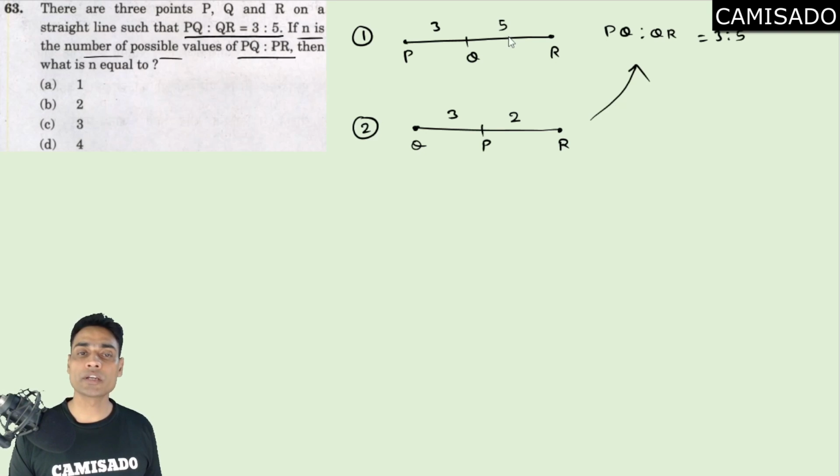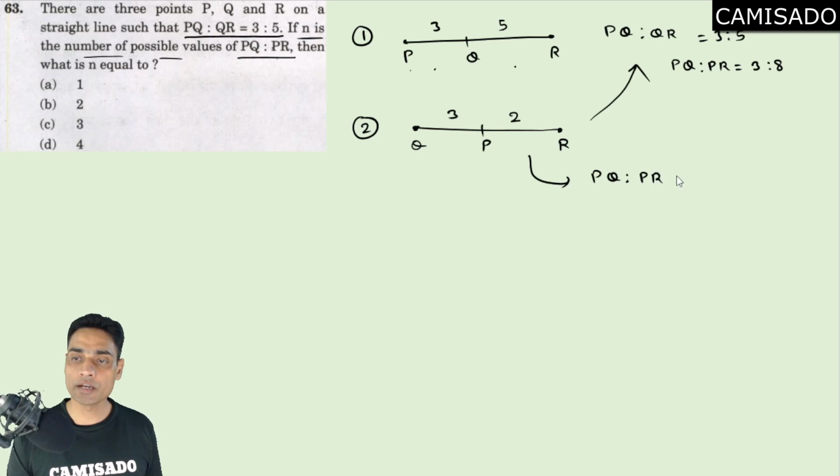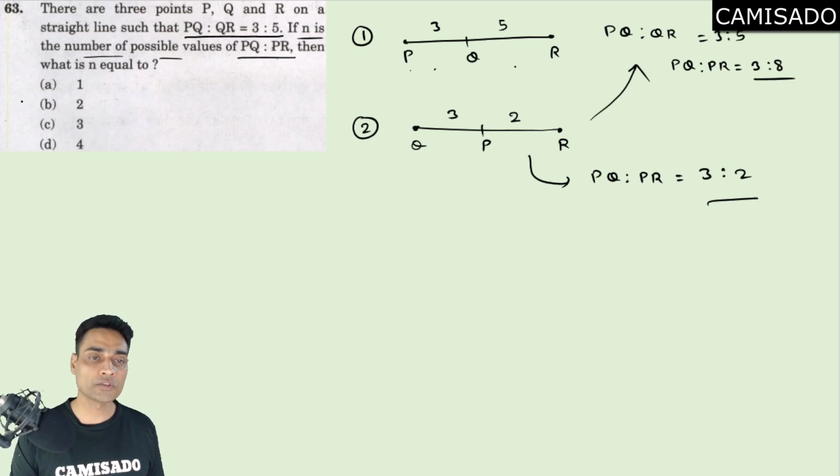So in both cases, what will you get? First case, PQ is 3, PR is 3 plus 5, 8, so 3 is to 8. In the second case, PQ is 3 and PR is 2. So these two different values are possible. The answer is B here.